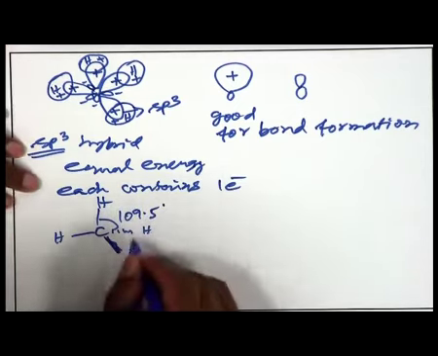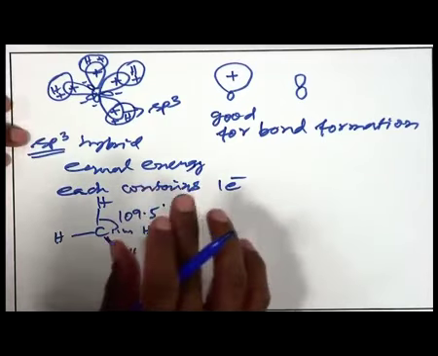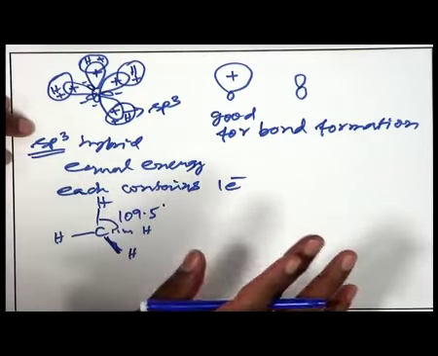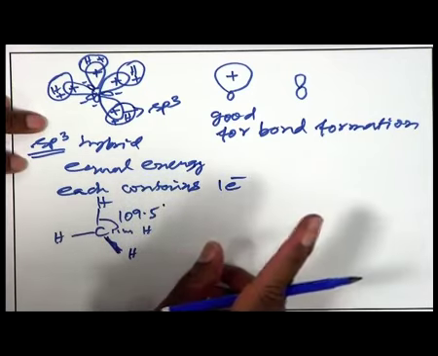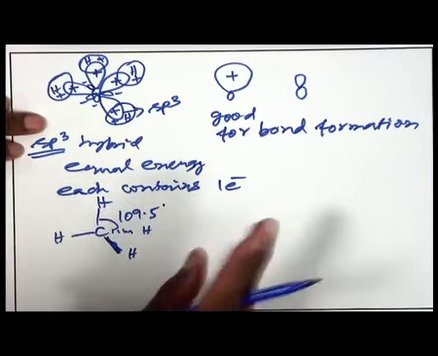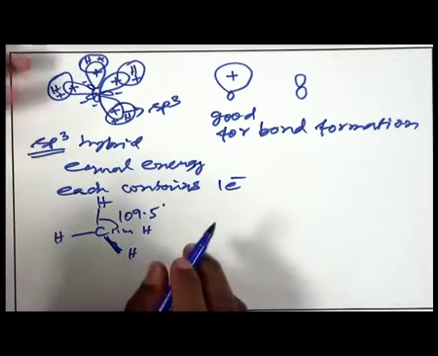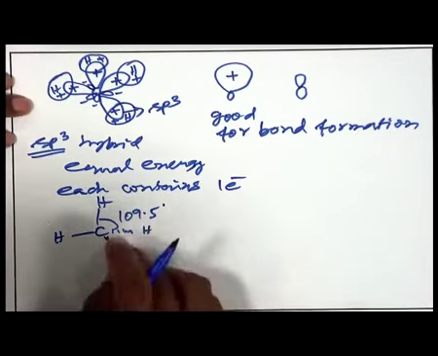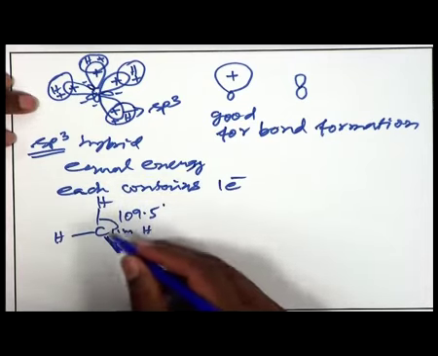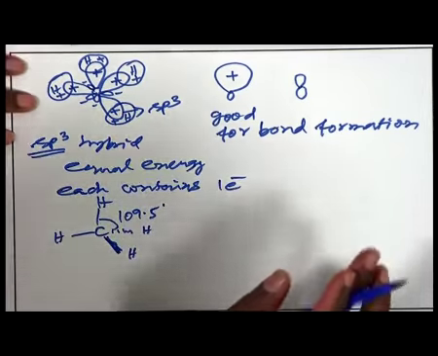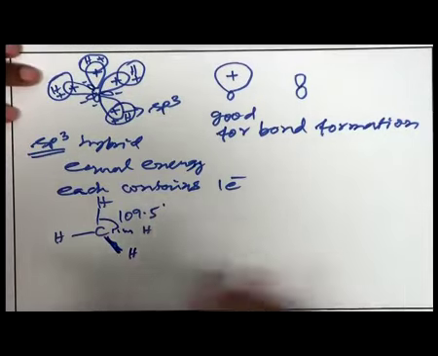4 bonds are formed by the use of 4 hybridized sp3 orbitals, those orbitals are of equal energy and contain 1 electron each, and when bonds are formed they give a particular shape to the molecule. In the case of carbon, the shape of the molecule is tetrahedral.